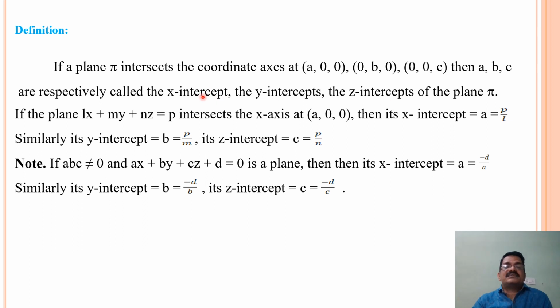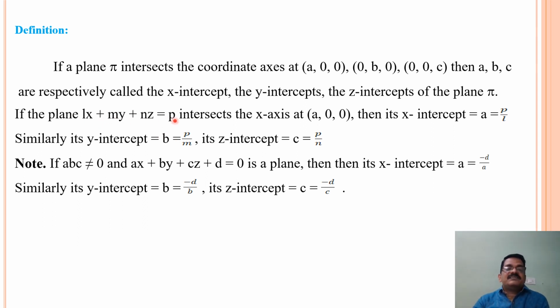That is, x-intercept is equal to small a, y-intercept is equal to small b, z-intercept is equal to small c. If the plane equation Lx plus My plus Nz is equal to P intersects the axis at A, that is at (A, 0, 0), then x-intercept is equal to A is equal to P by L.